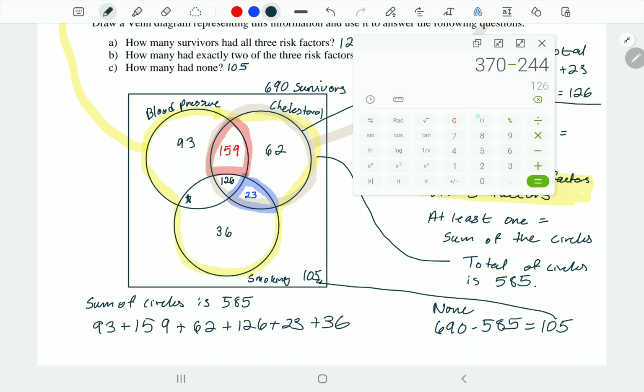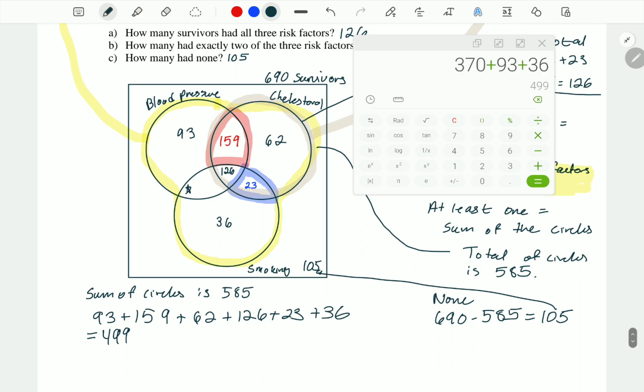Okay, so what I'm going to do is, I'm a little bit lazy. I know the cholesterol circle is 370. So I'm going to add that with just the 93 and the 36. You get 499. And when you add up all these numbers, you still get 499.